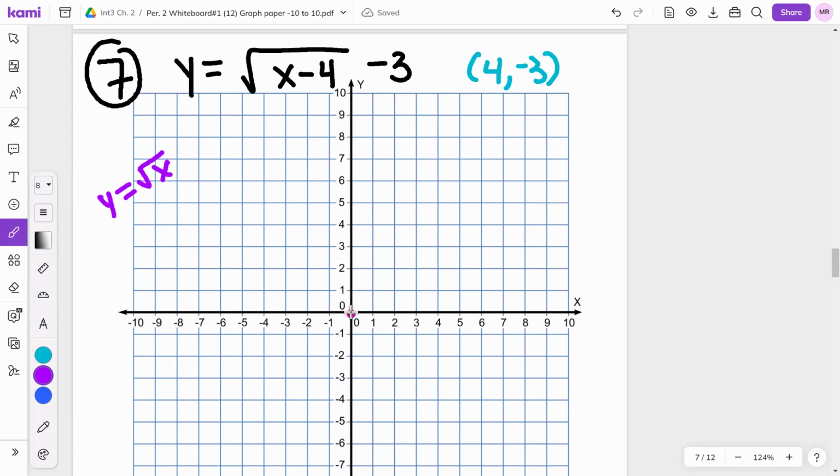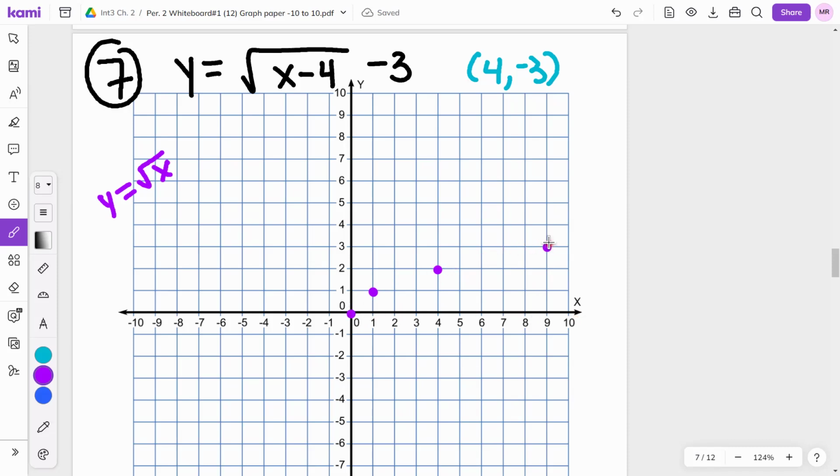And then from here, I'm just going to go out 1, and I would do 2, but 2 is not a nice square root. So I go out 1, square root of 1 is 1. I go out 4, because that's nice. The square root of 4 is 2. I go out 9, and the square root of 9 is 3, and so forth. And then I would connect it.